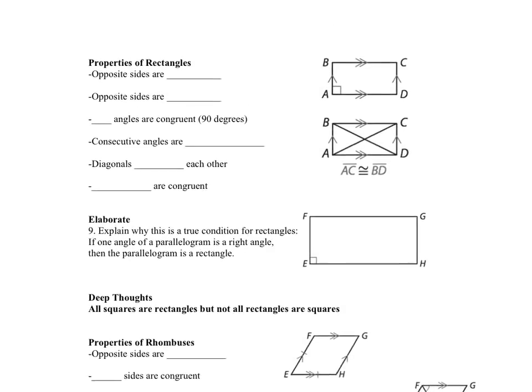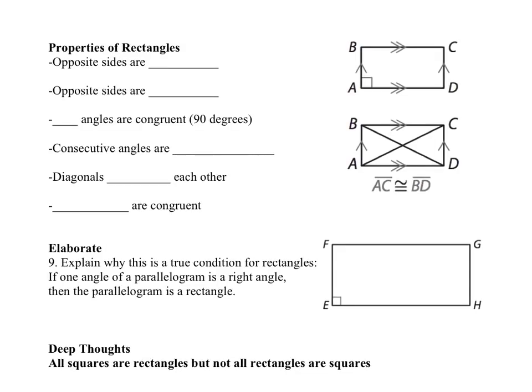All right, so jumping into some other properties here of more specific types of quadrilaterals, parallelograms. So specifically we're talking about rectangles, so we know opposite sides are parallel. We also know opposite sides are congruent. So I can put that mark as well.